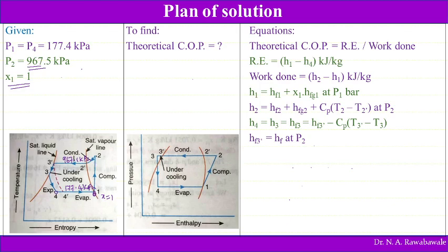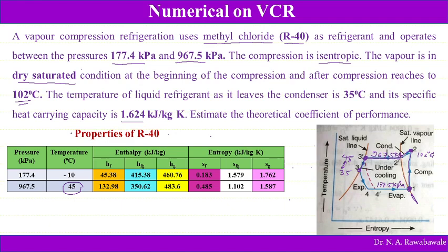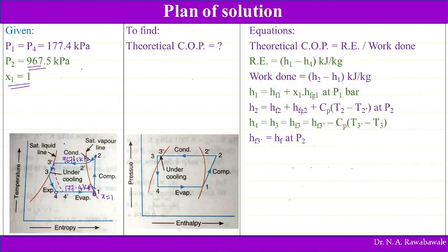This compression process is isentropic, and at the end of compression he has given one more piece of data: the refrigerant reaches 102 degrees Celsius. So the temperature at point 2, that is T2, is 102 degrees Celsius. This is also given, and the temperature of the refrigerant at point 3, T3, is given as 35 degrees Celsius.